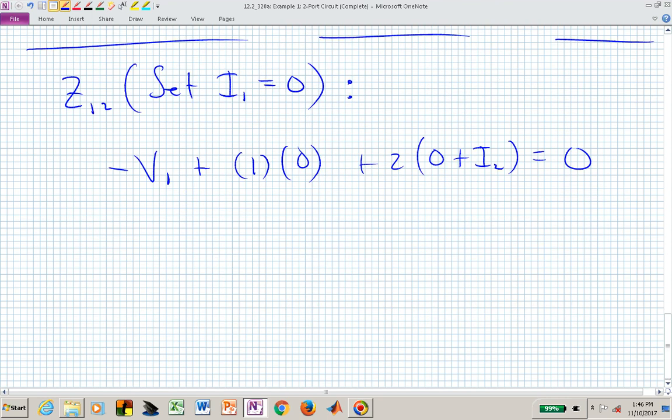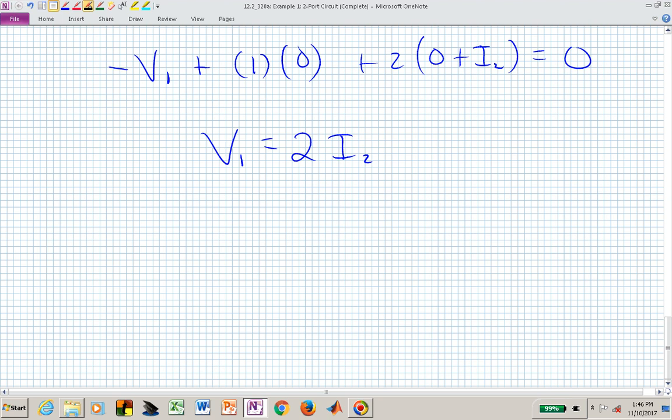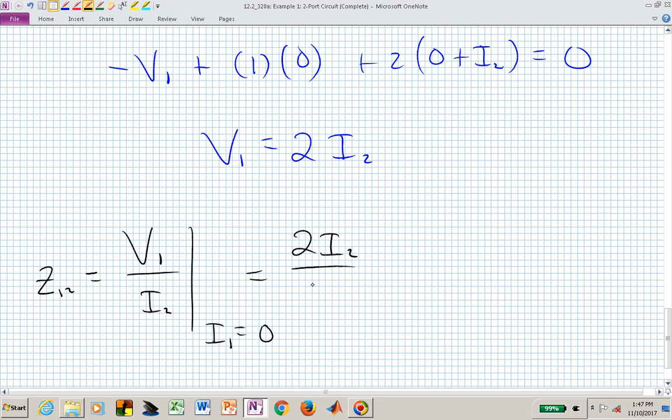And we now have then that V1 is equal to 2 I sub 2, or slightly rearranging this, we can now say that Z12 is equal to V1 over I sub 2 with the input port open, or with I sub 1 equal to 0, and that now gives us a value of 2 for Z sub 1, 2.